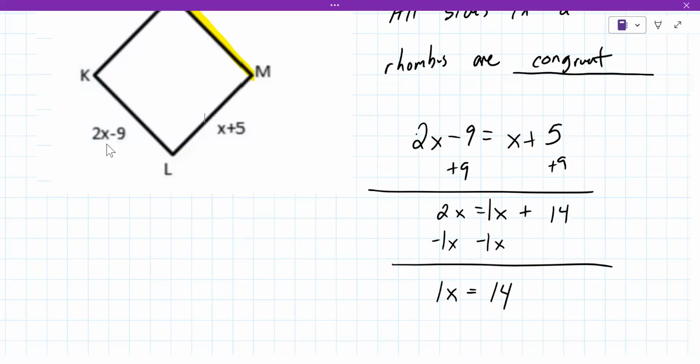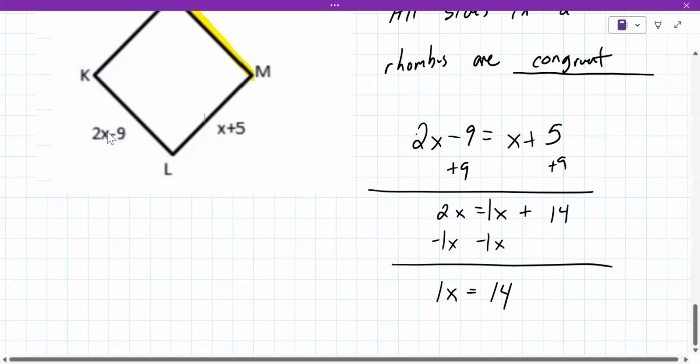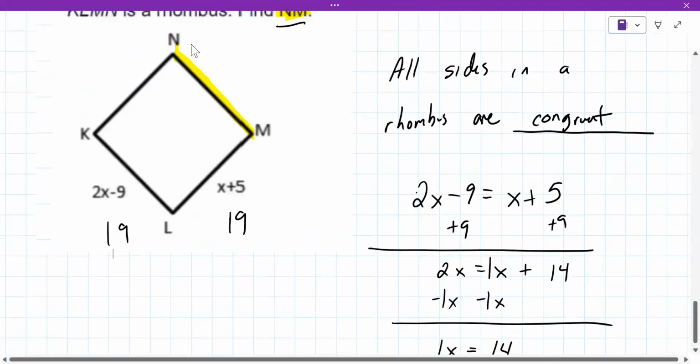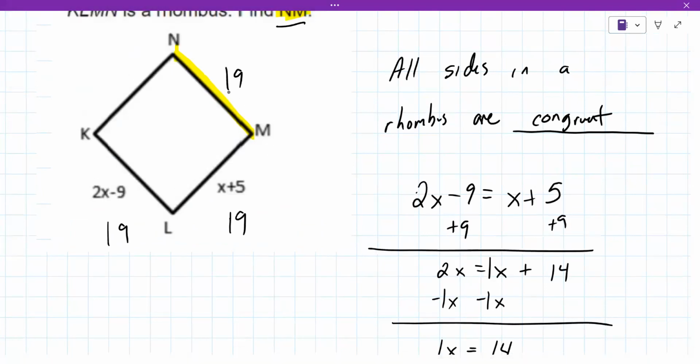Which one is 19? 19 is for the side right here, 2x minus 9, and for x plus 5 is 19 too, so they're the same. Okay. What is the length of NM then? It's still the same, 19. And what is KN? 19.